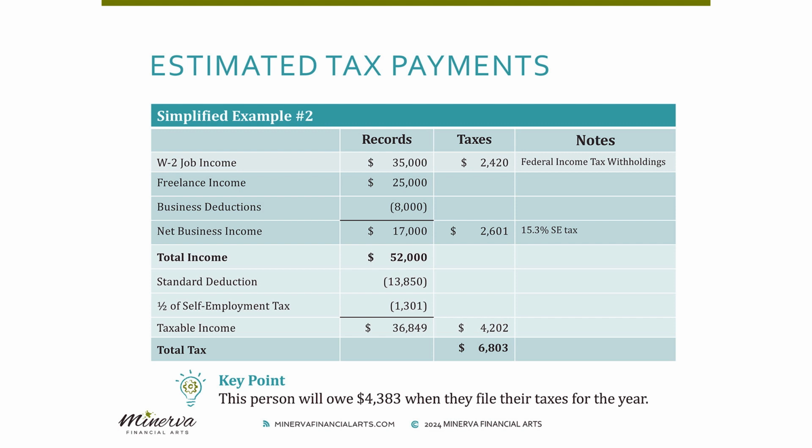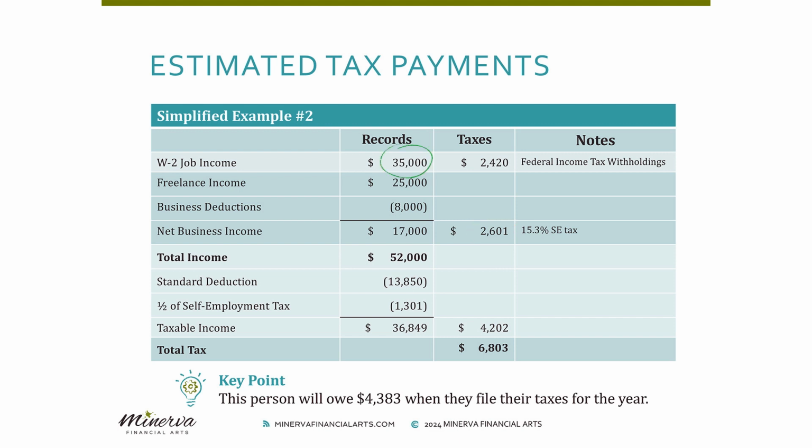In this next example, we'll see the same income from the W-2 job, but in this case, the individual is making considerably more from their freelance business. They're bringing in $25,000 and they have about $8,000 of expenses, so their net business income is $17,000. That ends up costing them $2,601 in self-employment taxes.